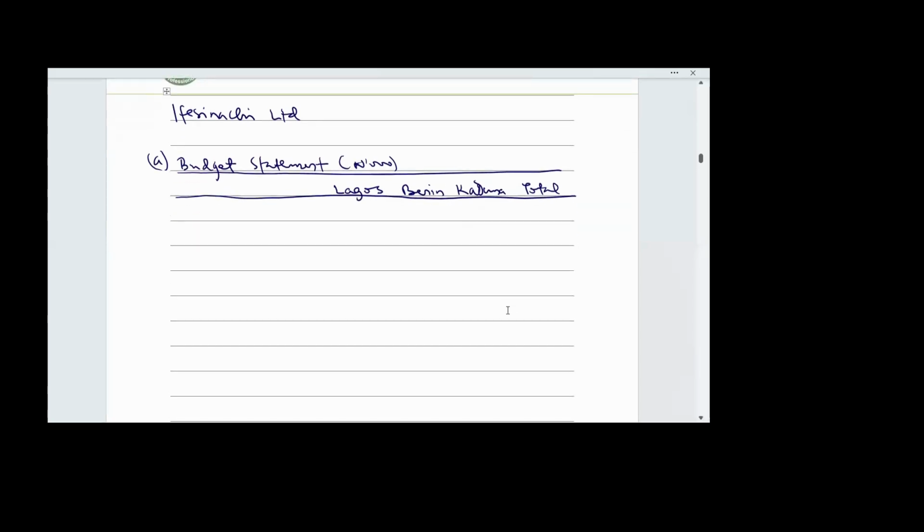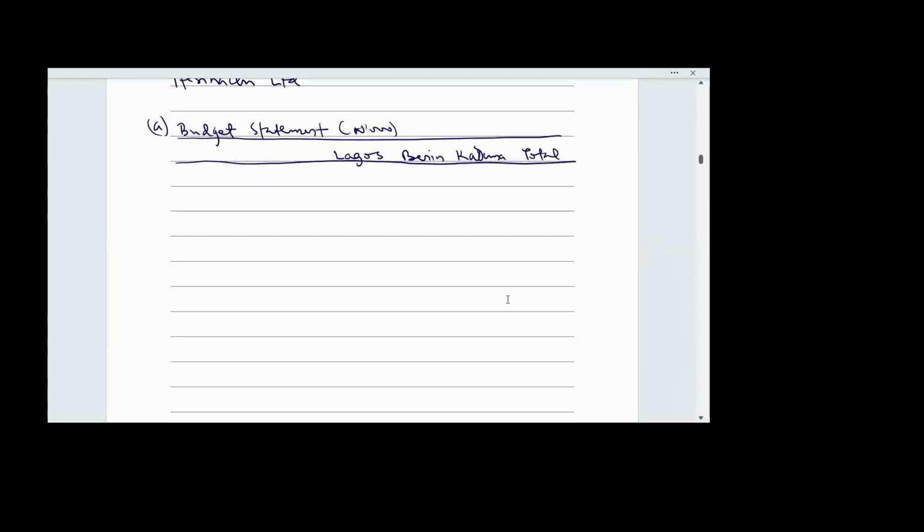Remember, we are preparing an income statement. The first item will be the sales value. So I will say sales. I will go back to the question: how do I calculate my sales? Remember, sales value is determined as units sold multiplied by selling price per unit.